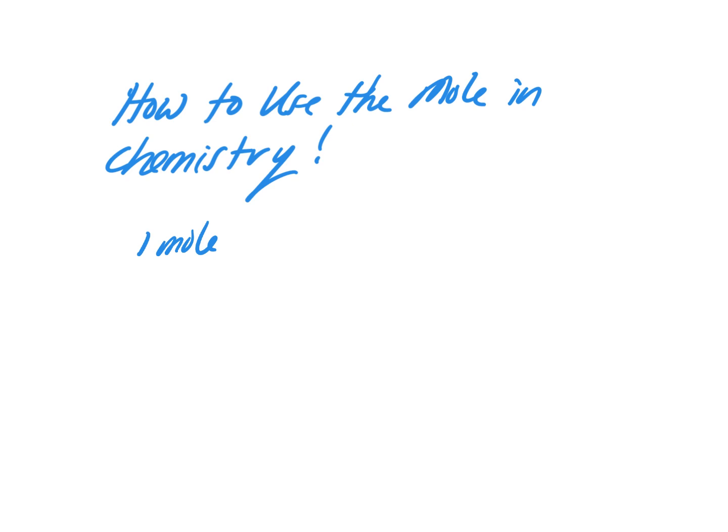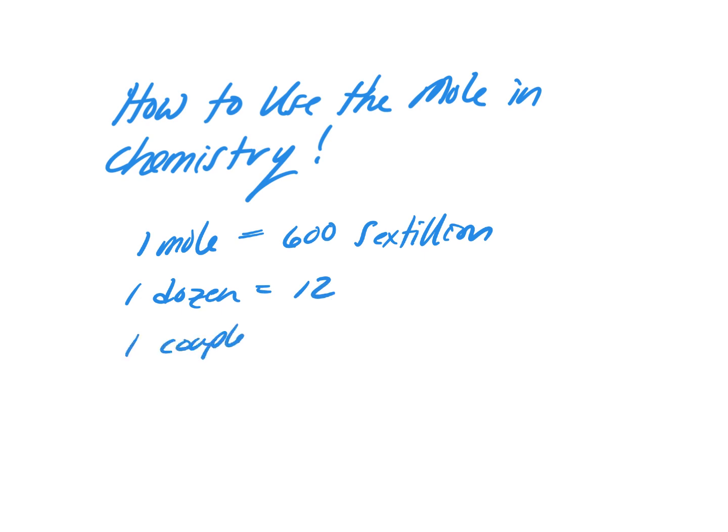One mole of atoms, or 1 mole of molecules, or 1 mole of anything, basketballs or donuts, is 600 sextillion. It could be anything, just like a dozen equals 12, or one couple equals 2, or one trio equals 3.